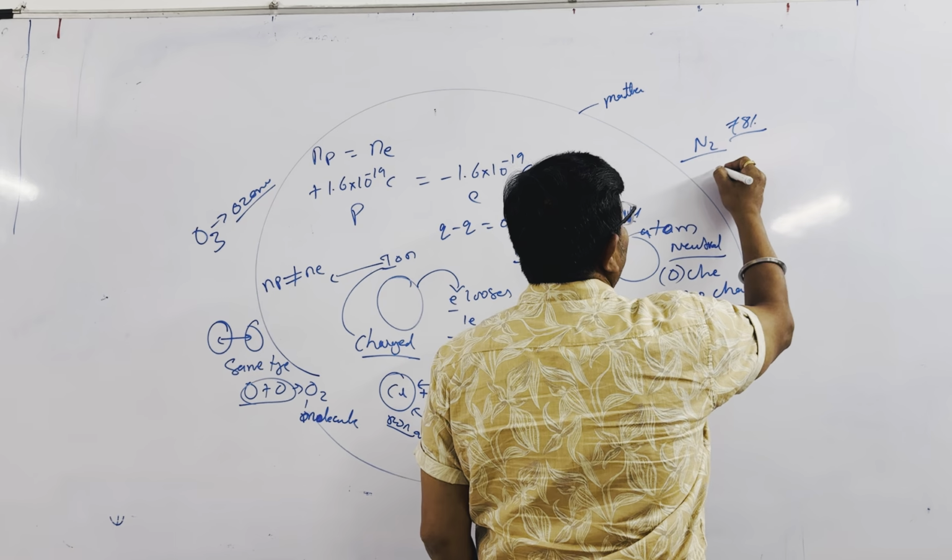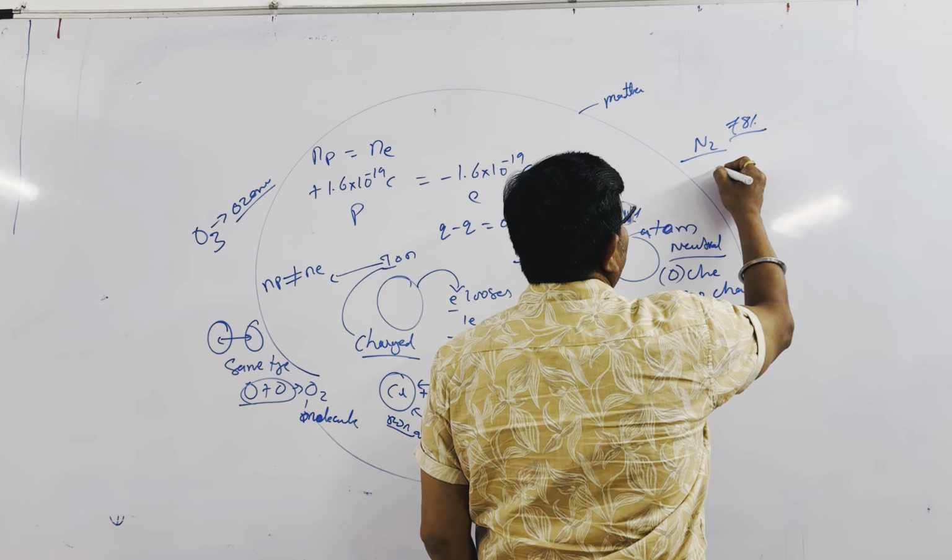So the size of the atom is 10 raised to power minus 10 meter and the nucleus is 10 raised to power minus 15 meter. Okay, 1 upon 10 means 10 raised to power minus 1. You can cut a 1 meter wire in 10 equal parts, you will get 10 raised to power minus 1. A 1 meter wire in 100 equal parts, you will get 10 raised to power minus 2 meter. 1000 parts, you will get 10 raised to power minus 3.